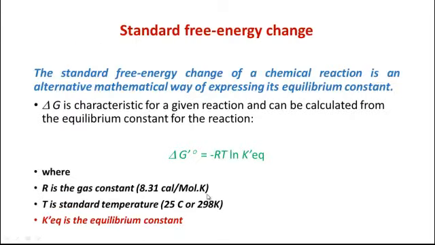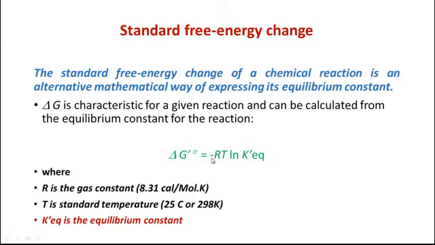Now let's consider that the standard free energy change of a chemical reaction is simply an alternative way to express its equilibrium constant. Both of these values can be related by the following equation, which says that the change in standard free energy is equal to minus R into T into the natural log of the equilibrium constant, where R is the gas constant and its value is 8.31 joules per mole Kelvin.